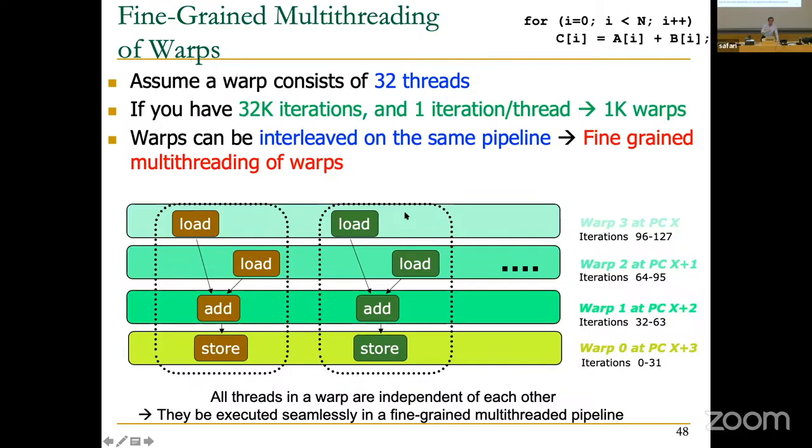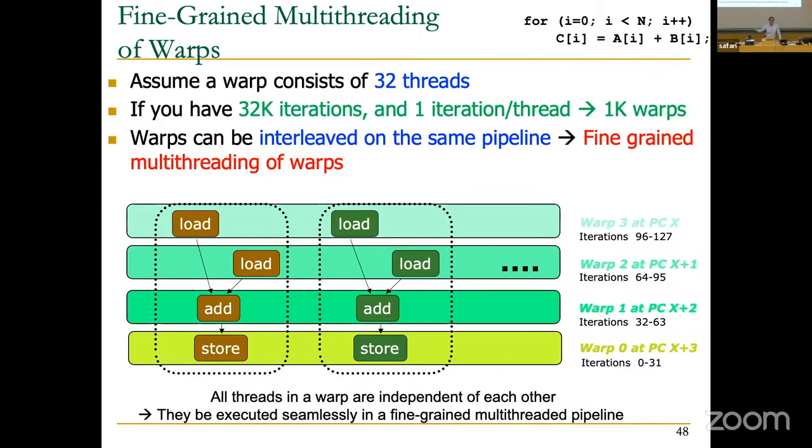And then, once it's done, it gets refreshed and it executes program counter X plus 1, because it incremented the PC to the next instruction for the same 32 iterations. So warp 0 is always executing iterations 0 through 31, but it gets into the pipeline once in a while so that it can execute different instructions.